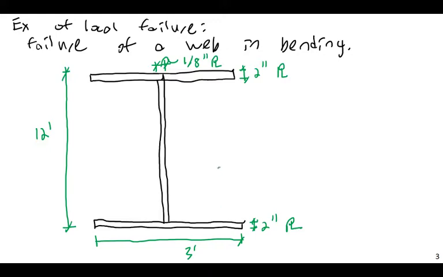So anyway, the problem with this is if you actually go and calculate the bending moment capacity of this thing, you'll find it actually has a decently strong bending moment capacity. For example, if you look at this just from the point of view of a couple, we could calculate the fully plastic moment capacity: multiply 2 inches by 36 inches, and that by the distance here at 12 feet, and you would calculate an enormous overall bending capacity.